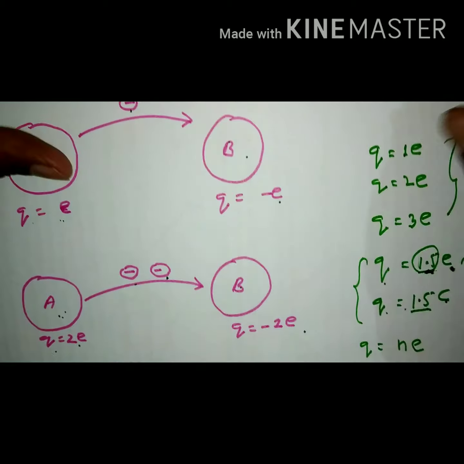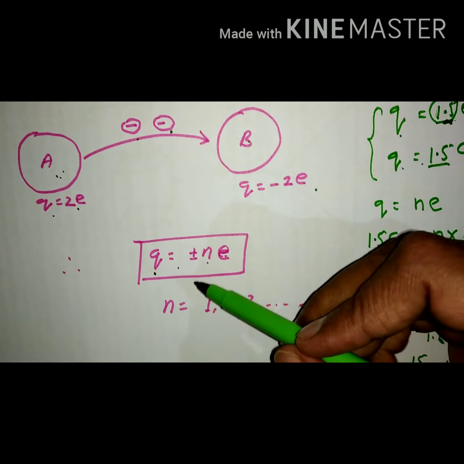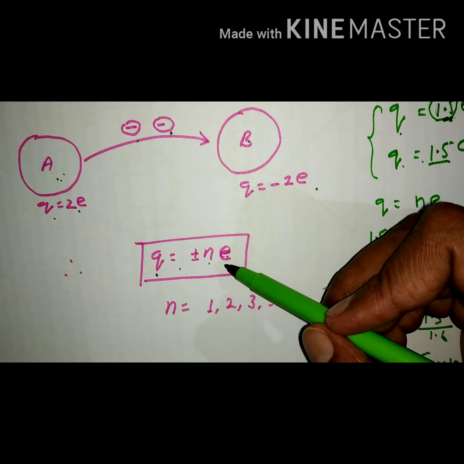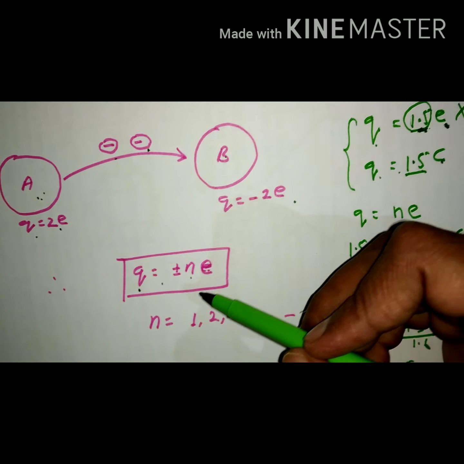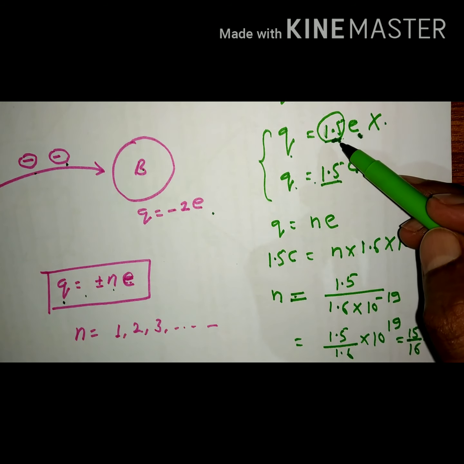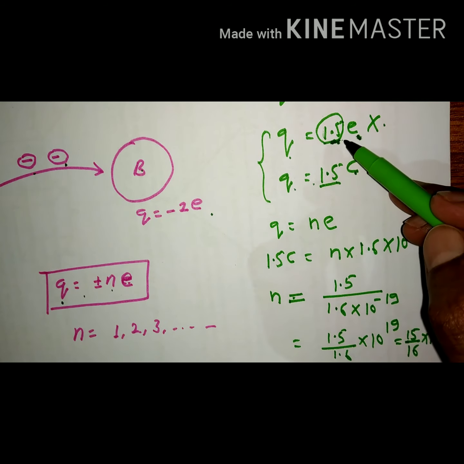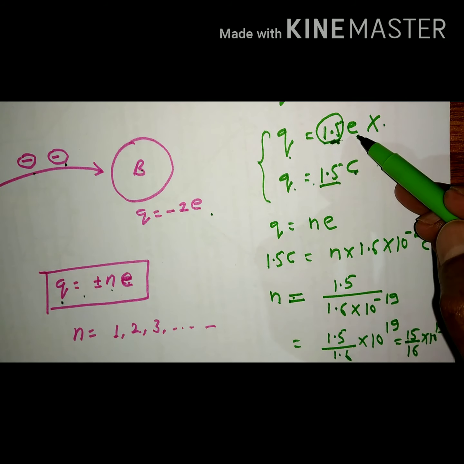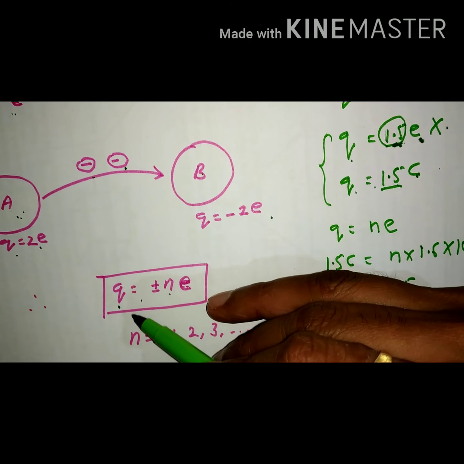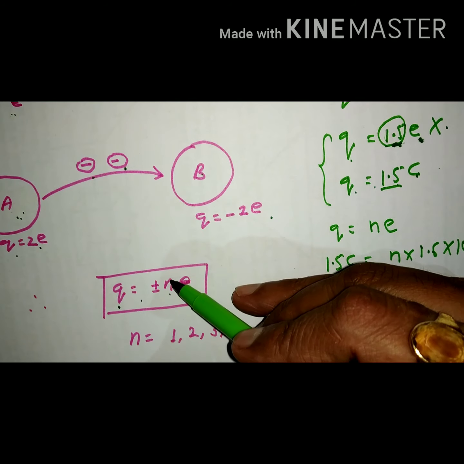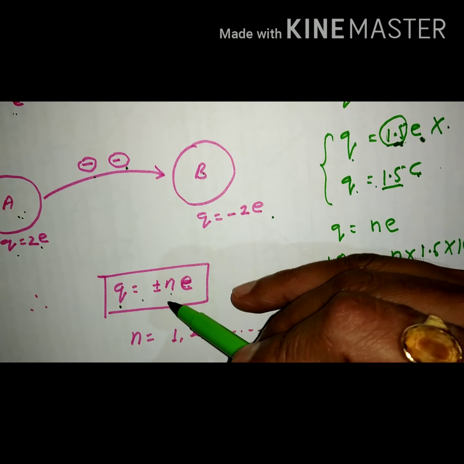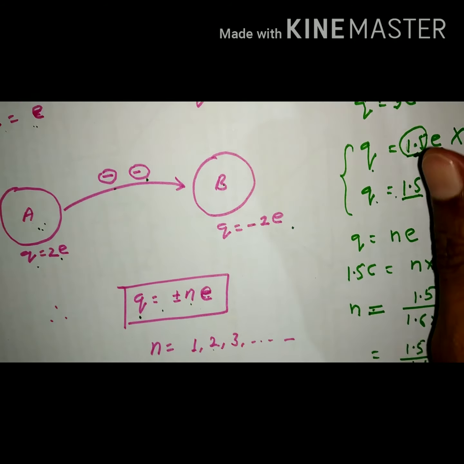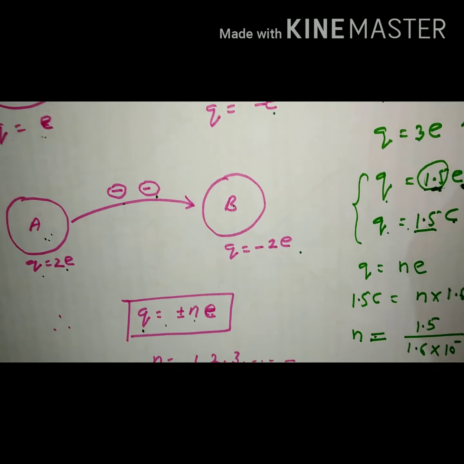The charge on a body is always an integral multiple of elementary charge. Charges can never be a fractional or decimal multiple of e. Charges always exist in the form Q equals plus or minus n into e, where n is some integer. This property is known as quantization.